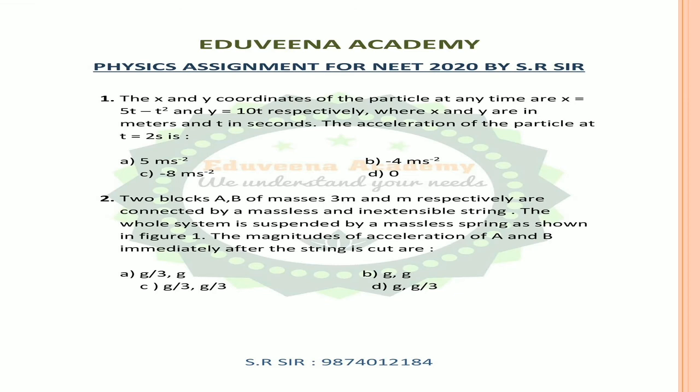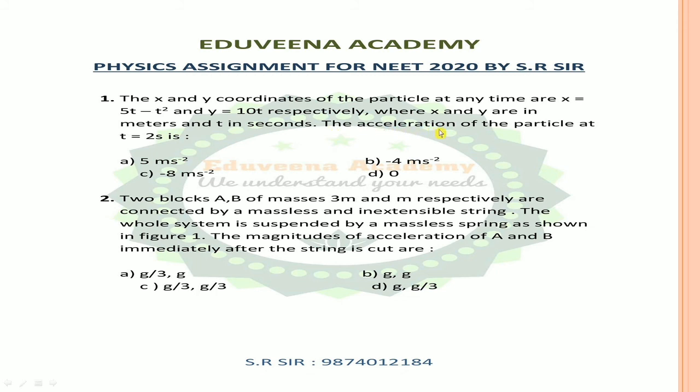So the first sum was given as: the x and y coordinates of the particle at any time are x equal to 5t minus t square and y equal to 10t respectively, where x and y are in meters and t is in seconds.